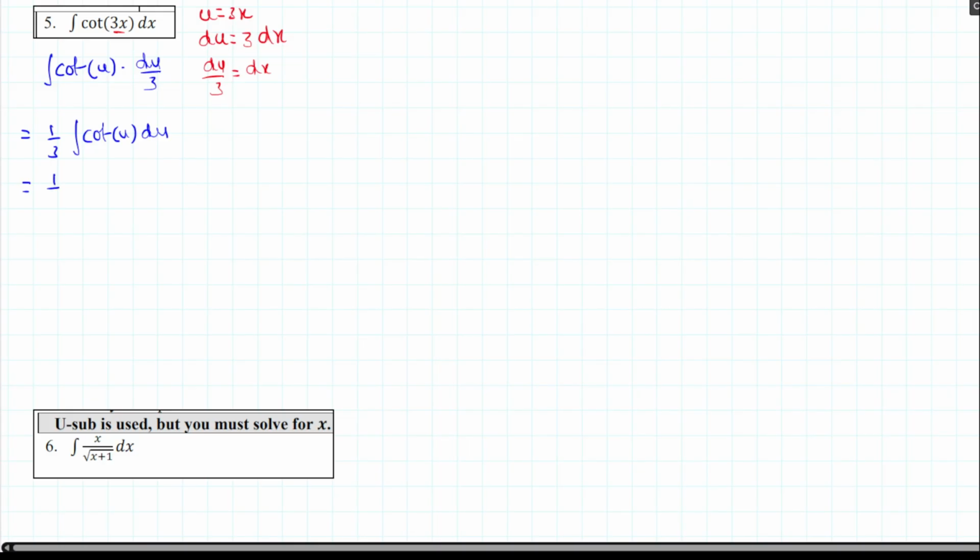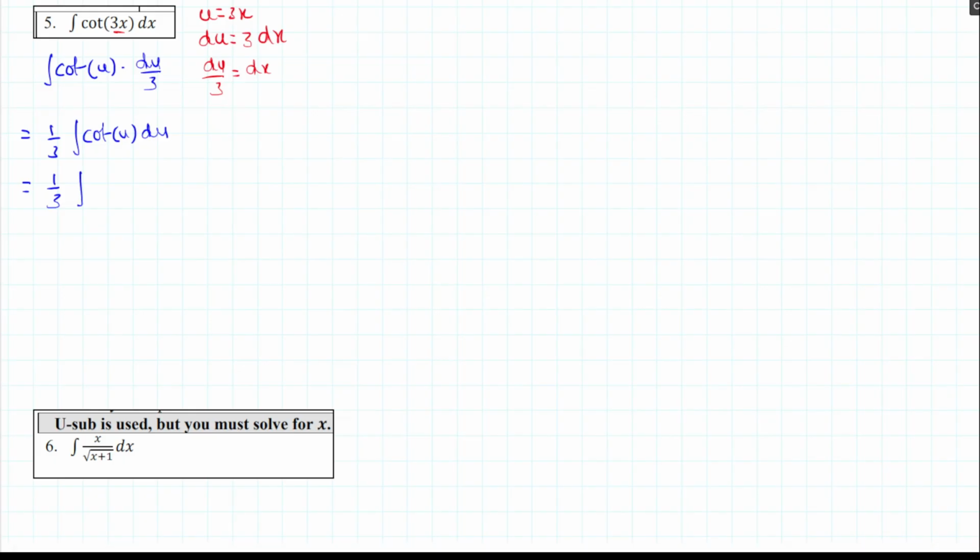You can see the 1/3, the integration of cot u, so you can rewrite cot u as cos u over sin u du. That is the 1/3. So here we have one formula: if the derivative of the denominator is available in the numerator, then the integration is ln of the absolute value of the denominator, sin u, plus c.